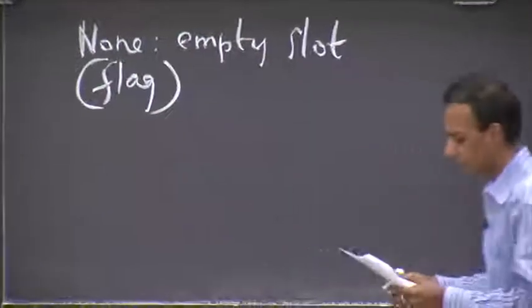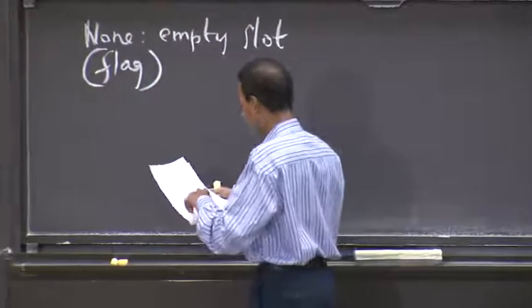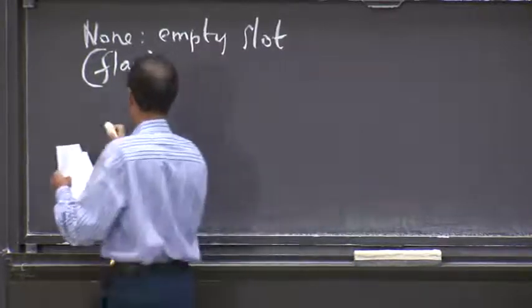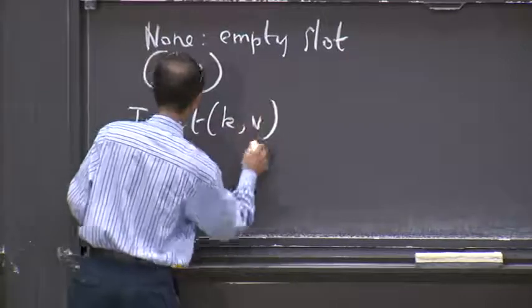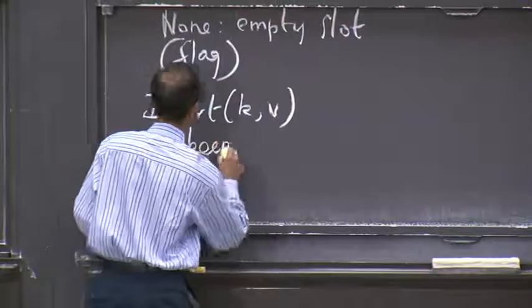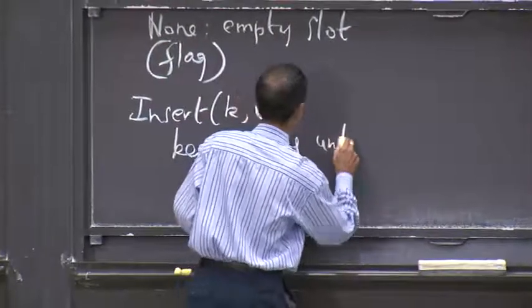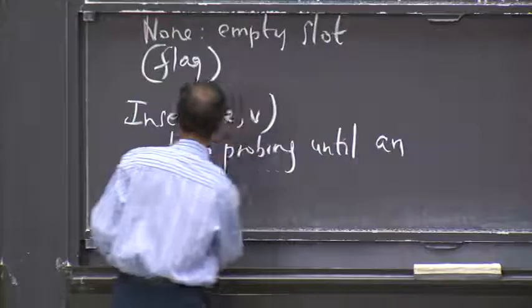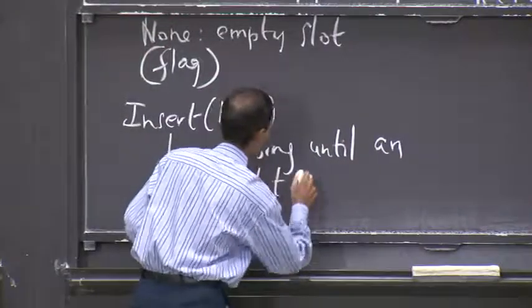And in the case of insert, what you did was you insert k, v, would say, keep probing. I'm not going to write the pseudocode for it. Keep probing until an empty slot is found.